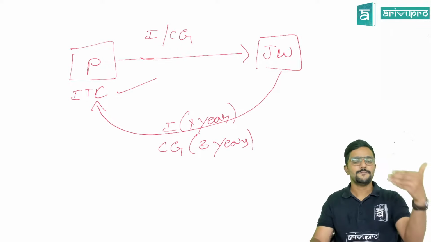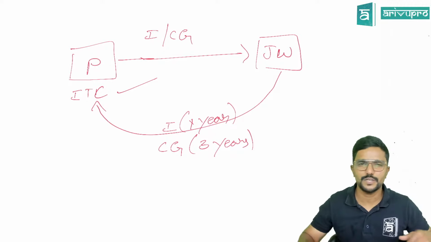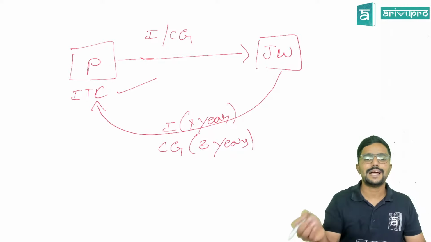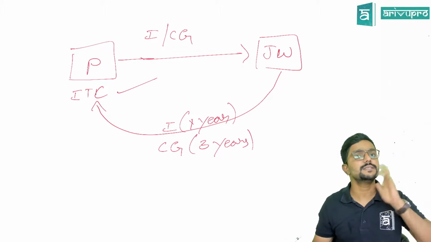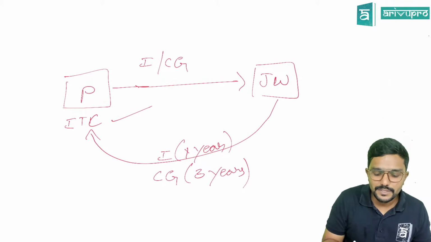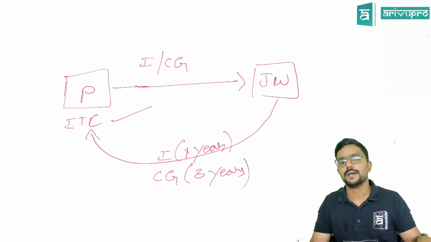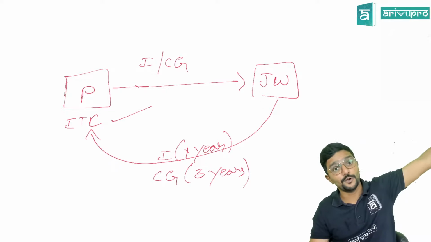I repeat, if the goods or inputs are sent to the job worker for processing, they have to be returned by the job worker within 1 year. Sir, what if they are not returned within 1 year? Then it is treated as a supply, of the goods sent to the job worker 1 year before by the principal.